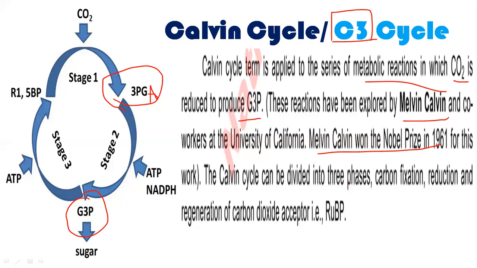The Calvin cycle can be divided into three phases: carbon fixation, reduction, and generation of the carbon dioxide acceptor. The carbon dioxide acceptor is ribulose bisphosphate, which will be formed here. So this is ribulose 1,5 bisphosphate.